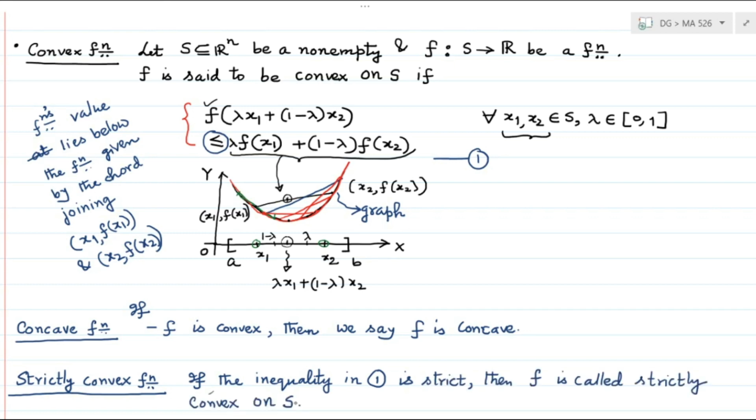Why do we care about strictly convex functions? Because strictly convex functions possess two special properties.